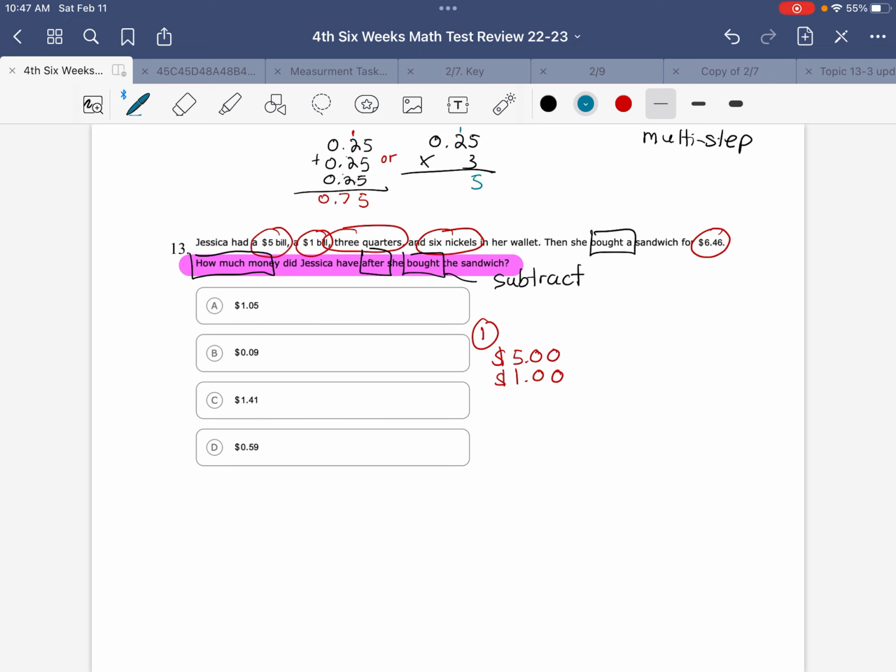And then I have 6, 7. I'm so sorry, I confused myself right now. And you get the same thing, 0.75, okay? So I'm going to add that here, 0.75.